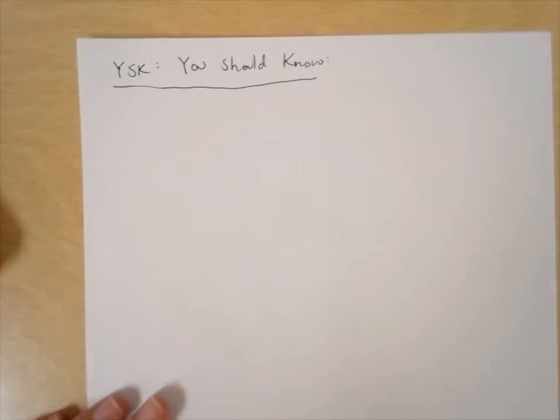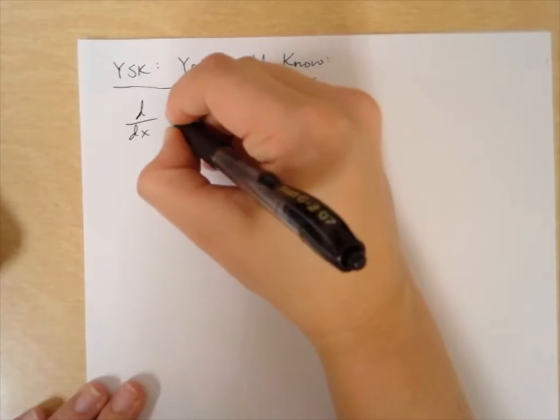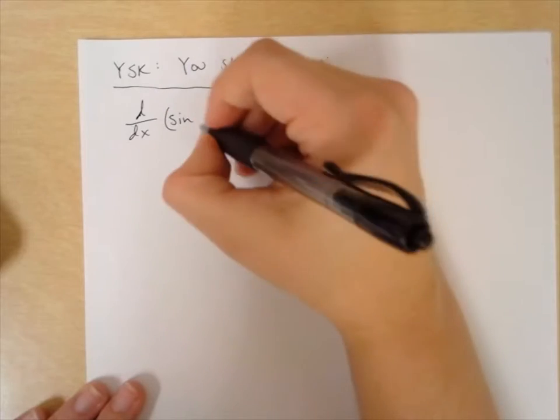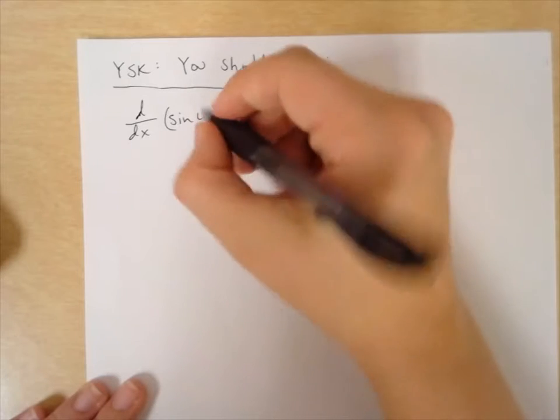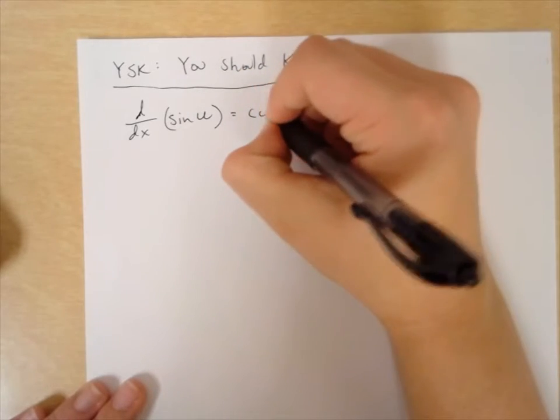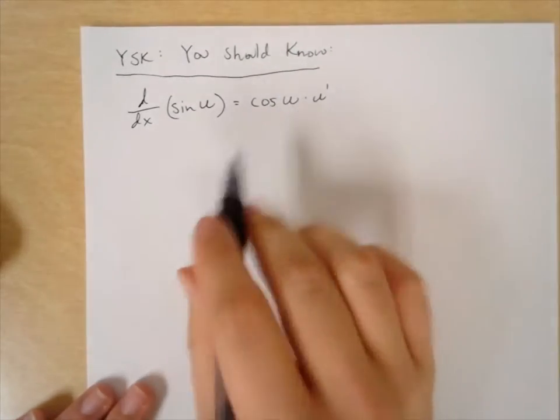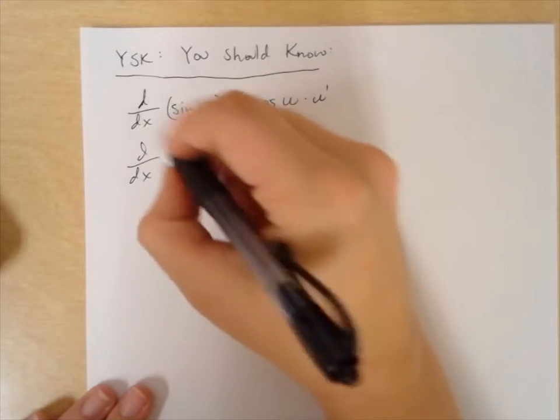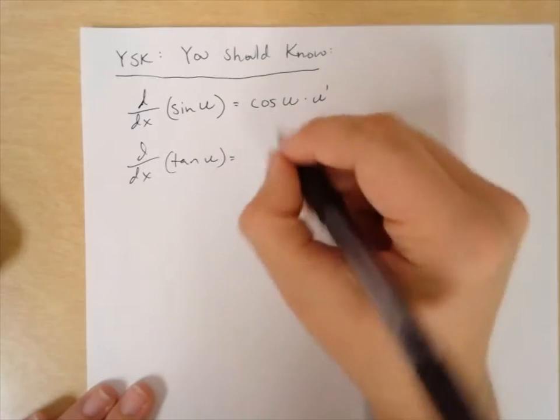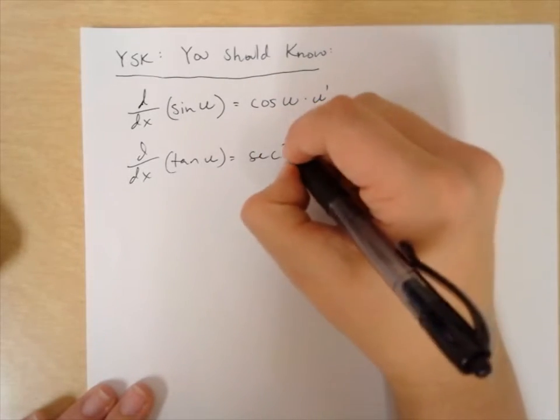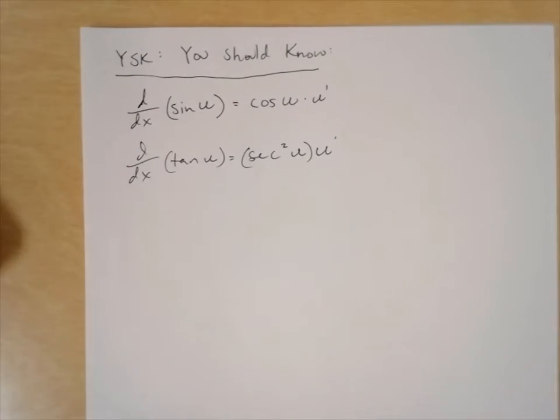The following derivatives are going to be very, very useful for you to have. You should know that the derivative of sine of any little function, any little piece in there, is the same as saying cosine of the function times the derivative of the function. Tangent of some function, not just x, but something that's going on in there, is secant squared of that little function times the derivative of that little function.